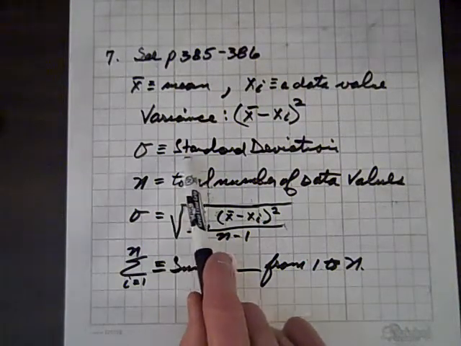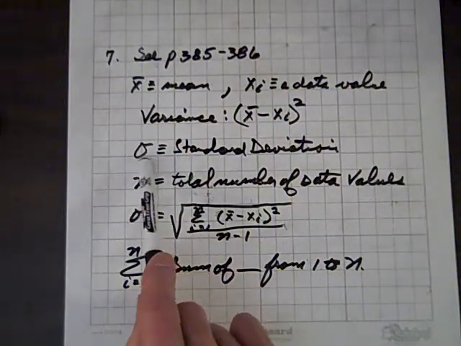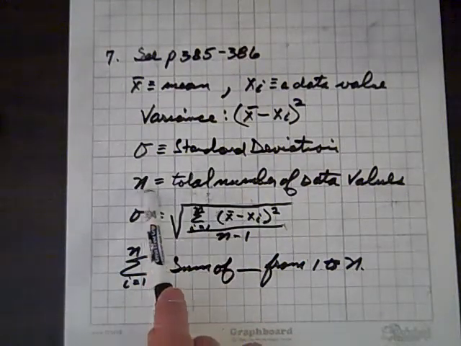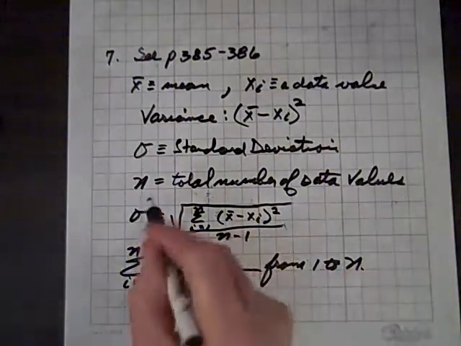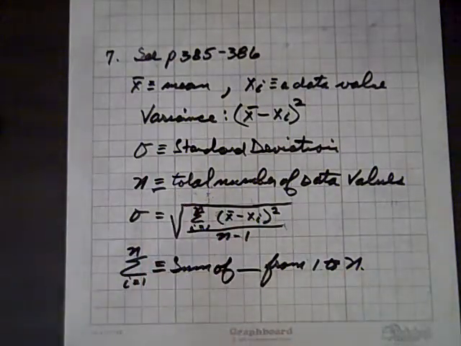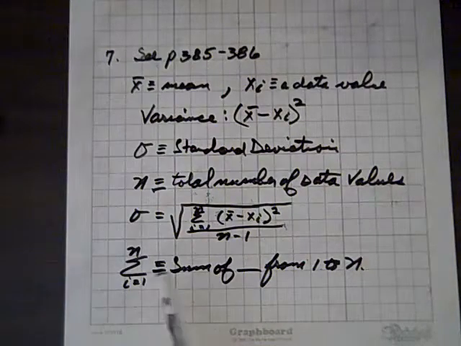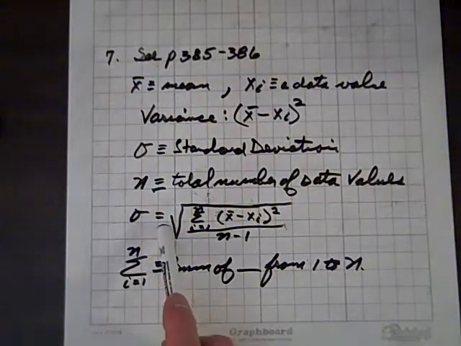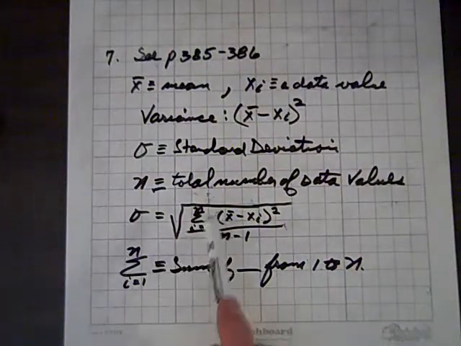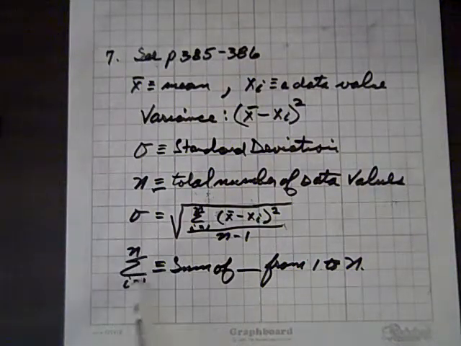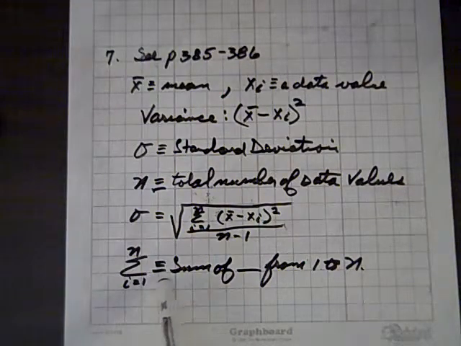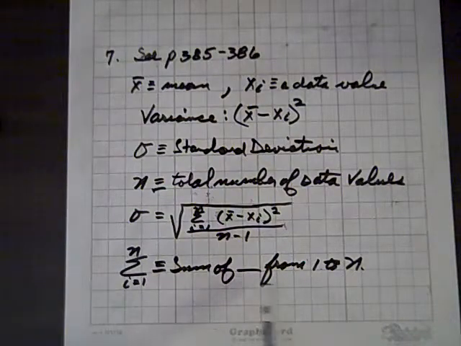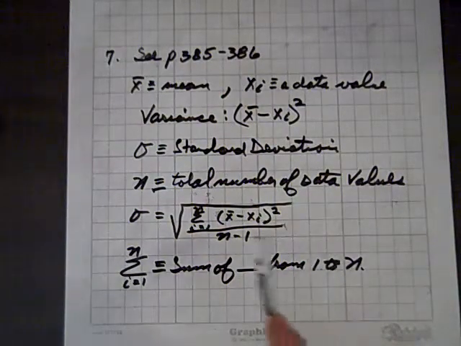And the standard deviation, sigma, is the symbol for standard deviation. N represents the total number of data values. So in symbol notation, sigma equals the square root of the summation. By the way, this summation symbol is sigma, and that's the sum of whatever from 1 to n.